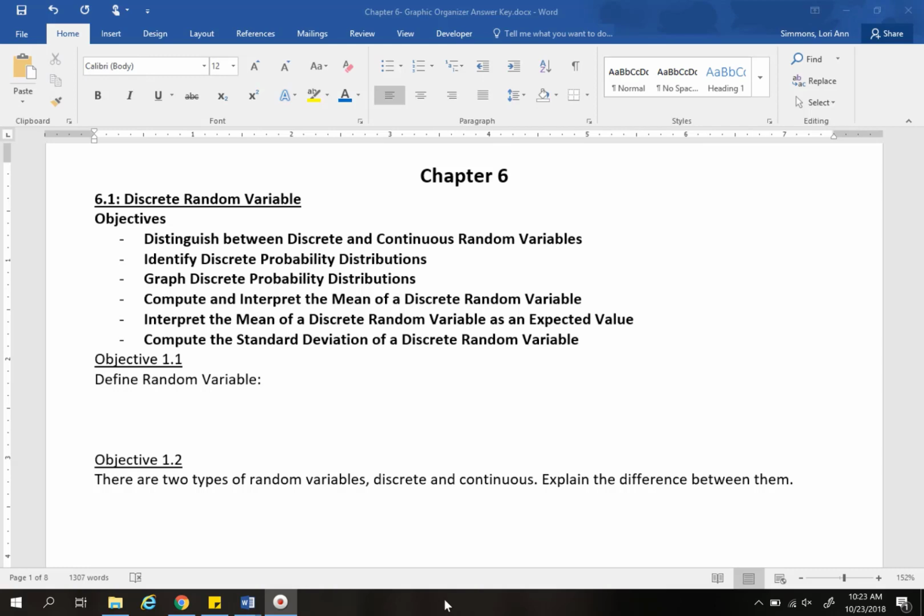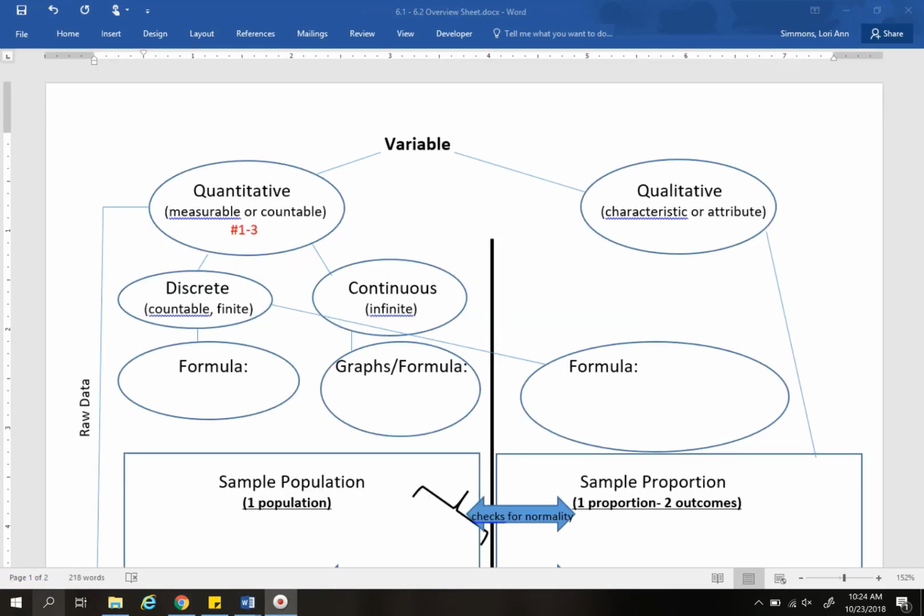Before we jump into this lesson, let's review what discrete and continuous variables are. If we jump on over to our overview sheet, recall that we have two types of variables, quantitative and qualitative. Discrete breaks down the quantitative, and continuous does as well. So we have discrete as countable and finite, and then we have continuous as infinite.